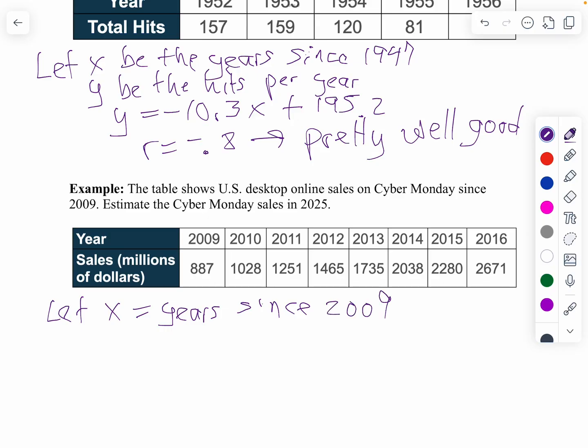I want to estimate what the sales will be next year in 2025. Notice my data only goes up to 2016 because we don't have everything beyond that point, although we probably should have with computers and everything. And Y is going to be the sales in millions.